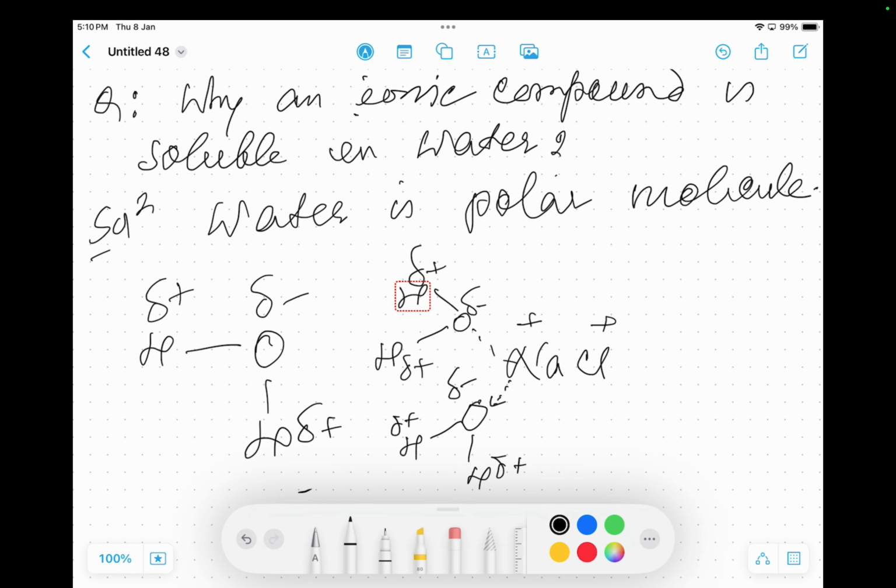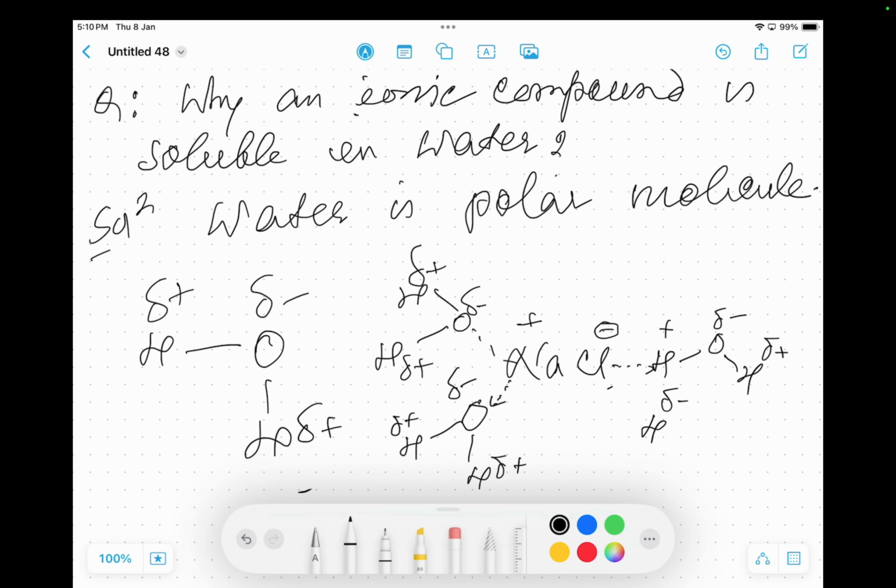Similarly, at the same time, H plus of other H2O molecules pulls the chloride anion. Here there is a mistake. Chloride is an anion, so I should write a minus charge over Cl minus. So this chloride anion is pulled by H plus of other H2O molecules.